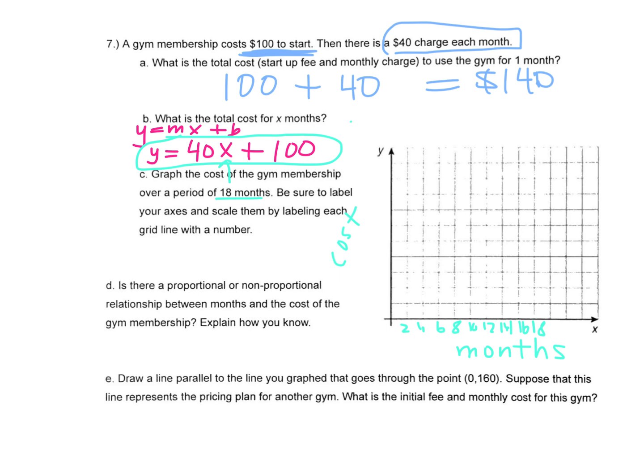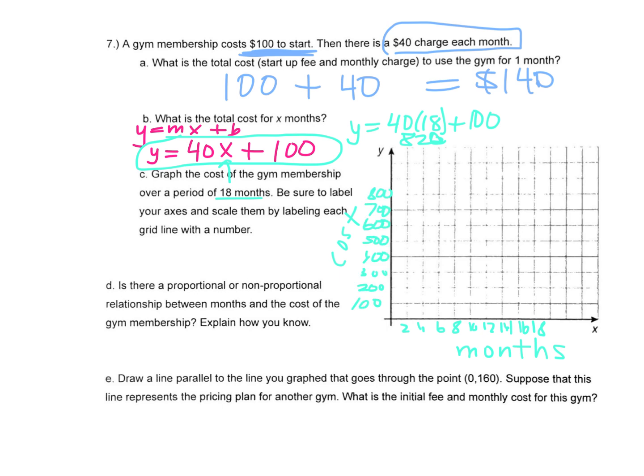So y equals 40 times 18 plus 100, which gets me to 820. So I want my y-axis to go all the way to 820. I'm probably just going to go by hundreds, and then I'll have to do some estimating here. So go ahead and skip count by 100.